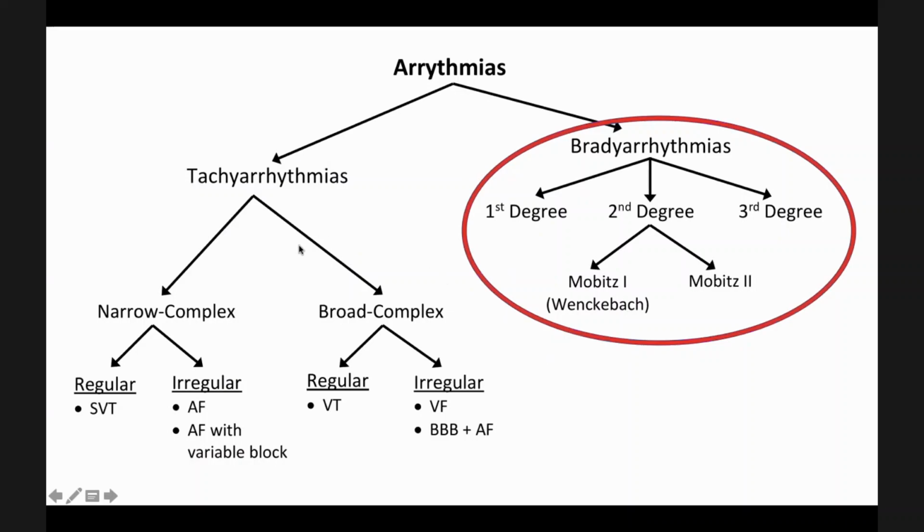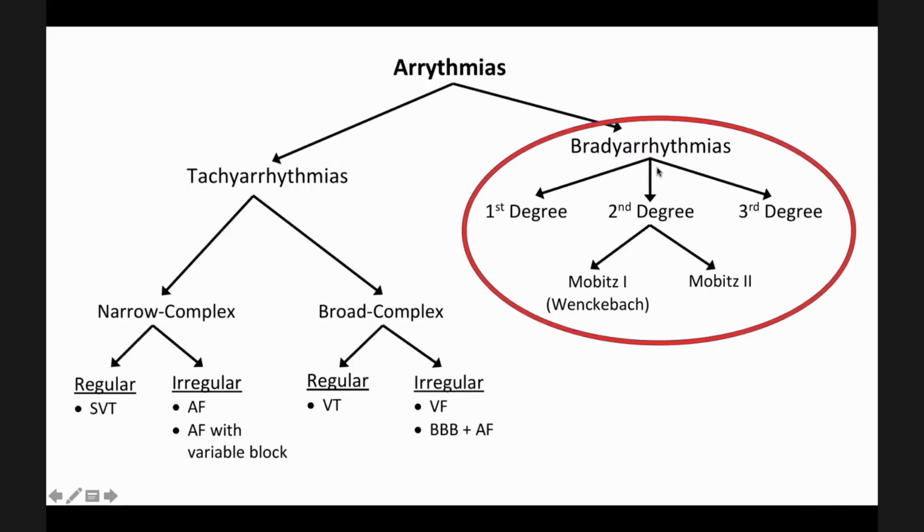So we have completed the tachyarrhythmias. We discussed the narrow complex regular tachycardia, the SVTs, and the narrow complex irregular, atrial fibrillation and flutter with a variable block. The broad complex regular is ventricular tachycardia, and the broad complex irregular is ventricular fibrillation.